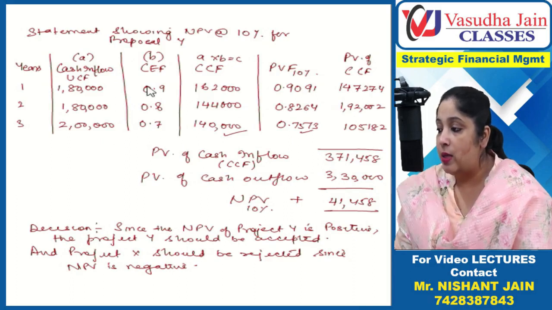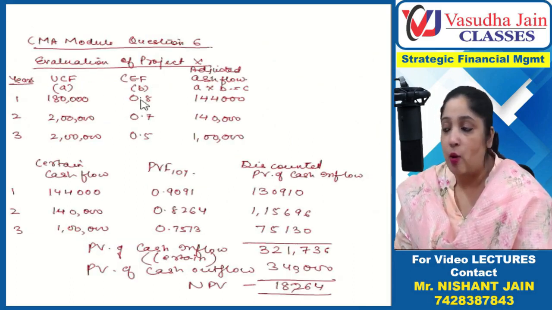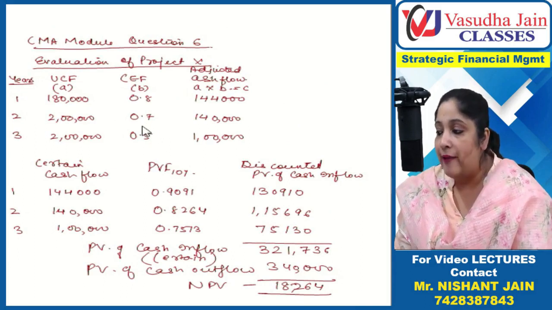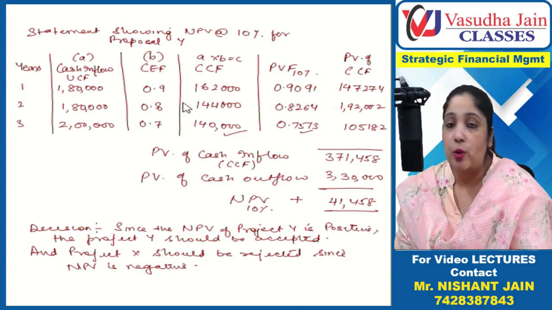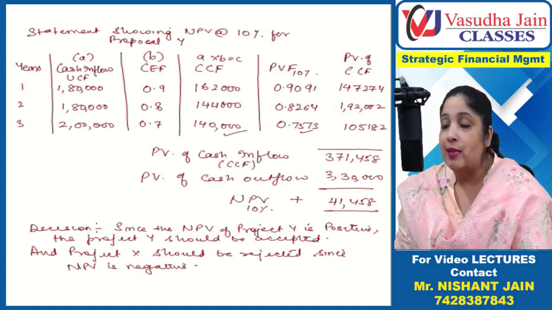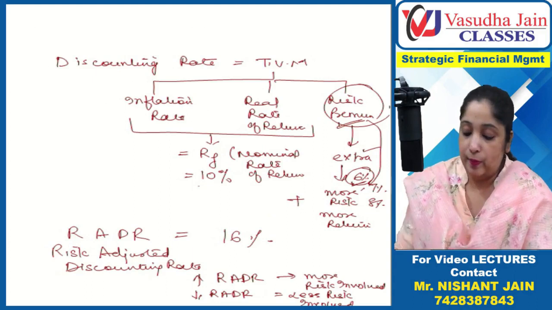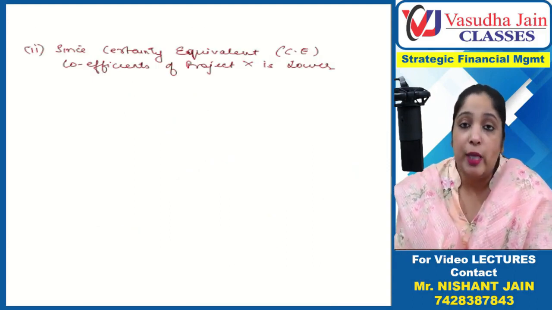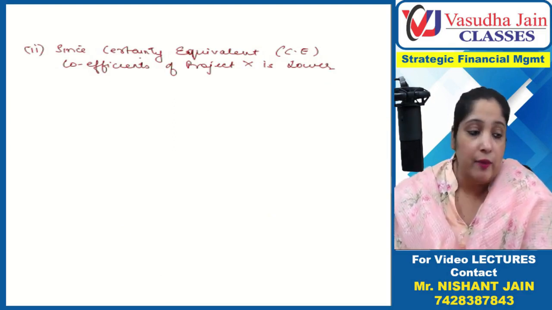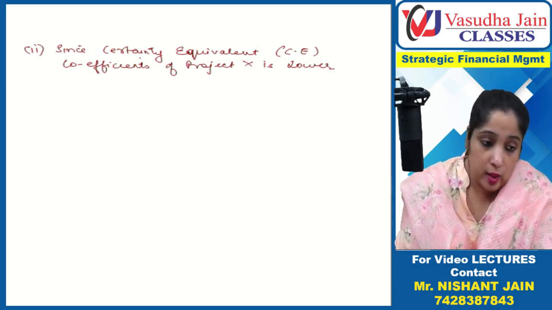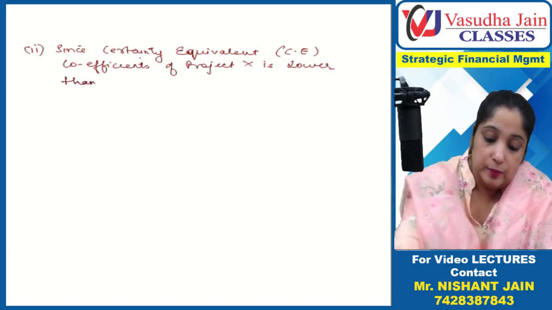We are talking about these percentages, my dear students, please observe. These certainty equivalent coefficients, or factors you can say, are at the lower side in project X as compared to project Y. In project Y they are higher, you are more certain how much you will get. So more risk is involved in project X. This can come in your objective question also, that if certainty equivalent factor of any project is low, that means more risk is involved, compared to project Y.